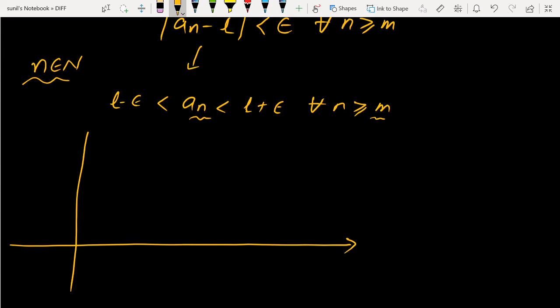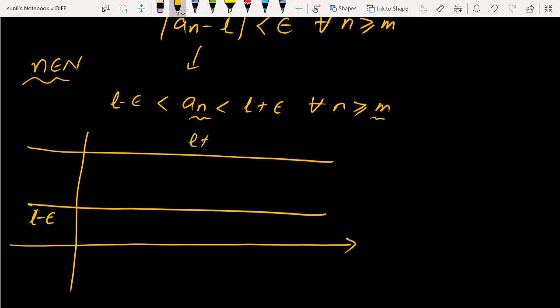Graphically, suppose this is L minus epsilon and this is L plus epsilon. Now try to understand what happens when n exceeds m, that is, a_(m+1), a_(m+2) and all these terms will lie between the strips. a_m will be somewhere here in the strip, a_(m+1) somewhere here, a_(m+2) somewhere here.